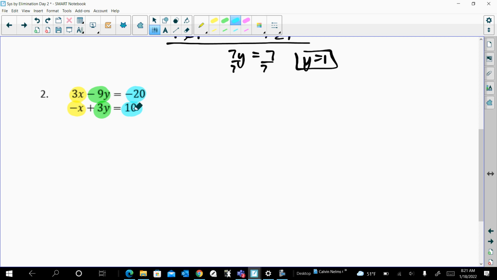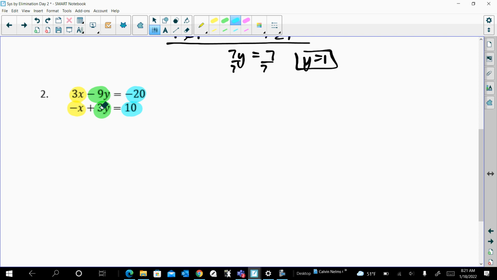But then the key to this is you have to pay attention to the coefficient. We have to have the coefficients of each term be opposite. So which term could you create an opposite for? Y. What would you have to do to the y to make it an opposite?